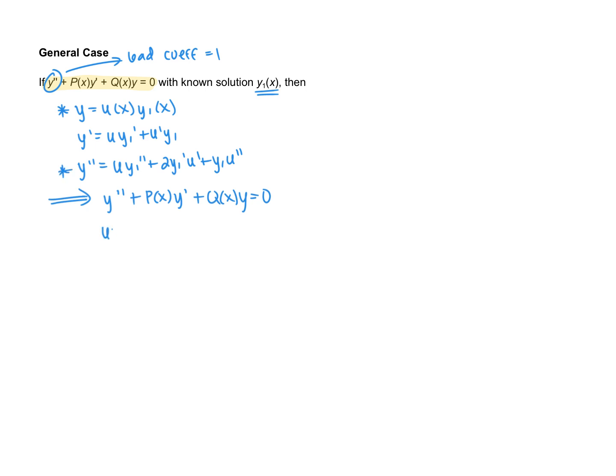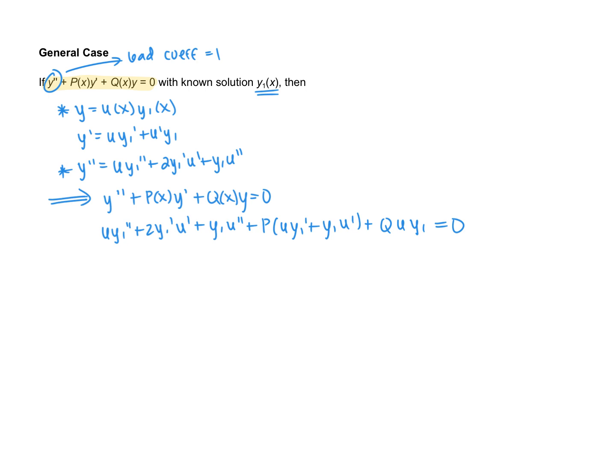We're going to get u y1 double prime, add 2 y1 prime u prime, add y1 u double prime, add p times u y1 prime, add y1 u prime, add q times u y1. And we know that that's equal to 0.